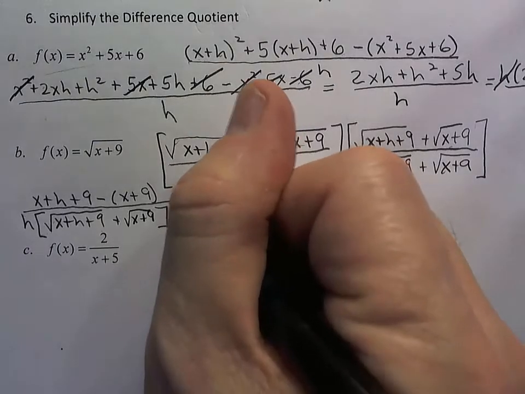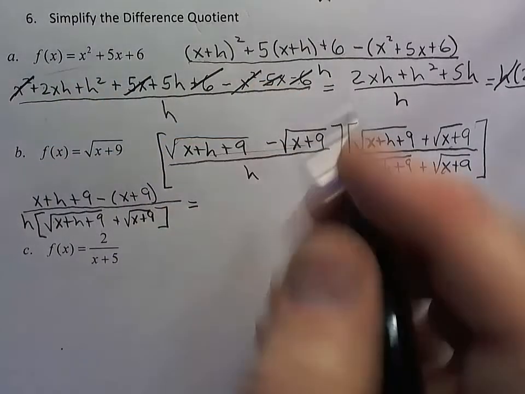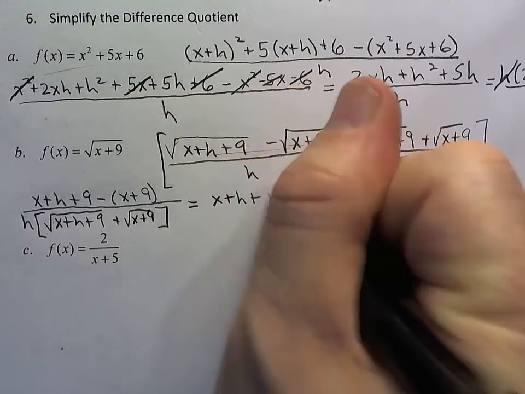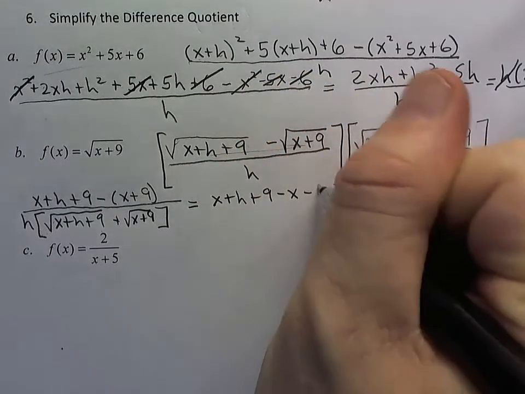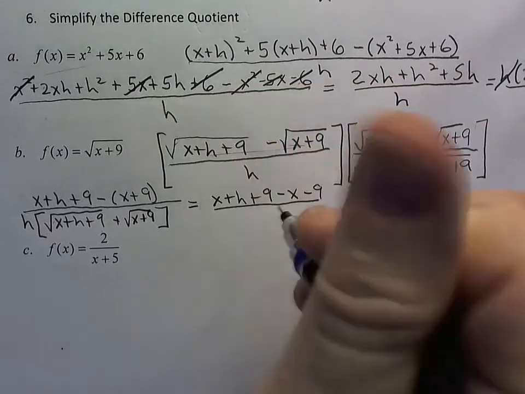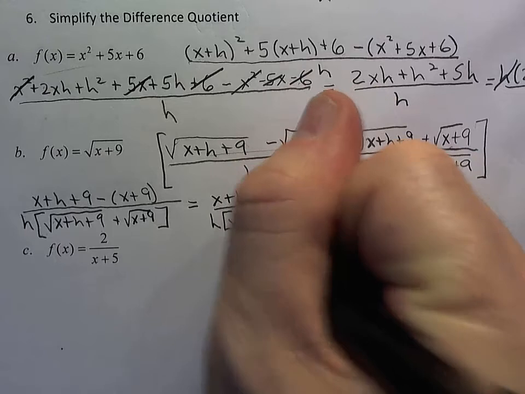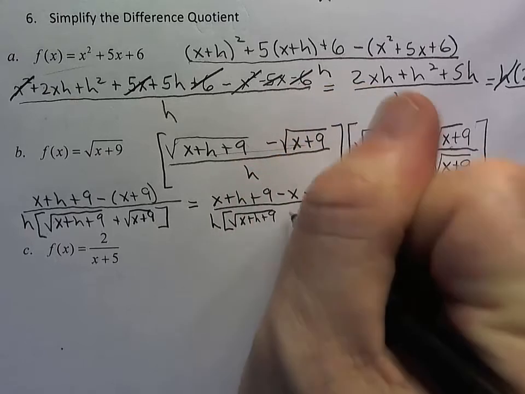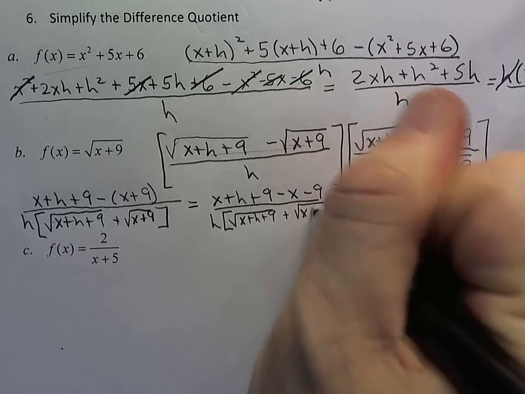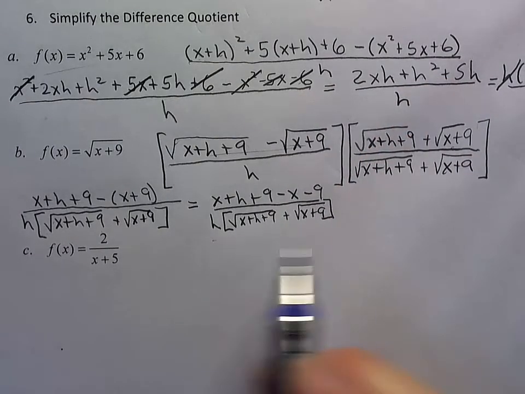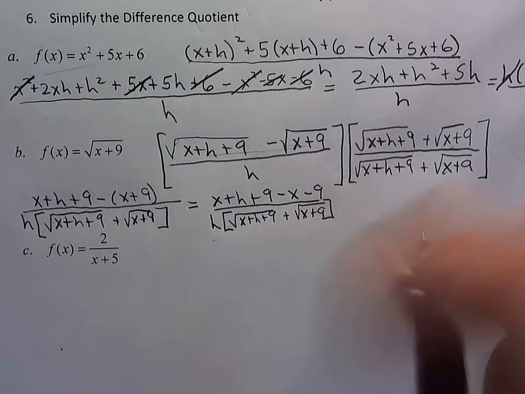Now, at this point, things start to cancel because up top we've got x plus h plus 9 minus x minus 9. And on the bottom, we've got all this. There. And no need to try to multiply this out or anything. That would just cause problems.